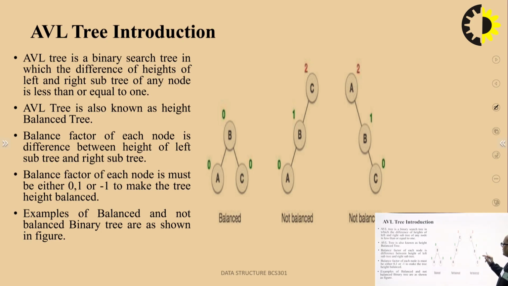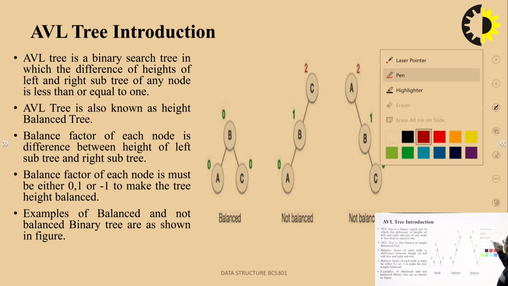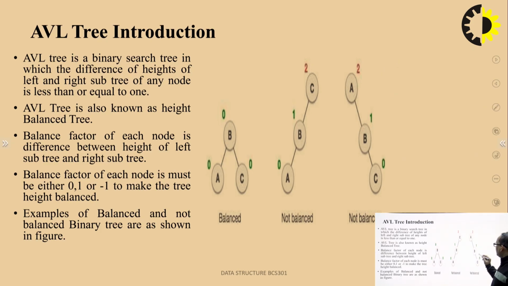Here, in this case, there is no left child of A, and the right child of A is B, and the right child of B is C. So, the balance factor of C is 0, and the balance factor of B will be minus 1, because there is no left child.